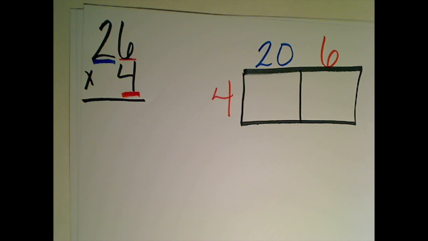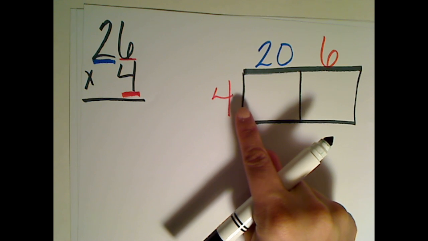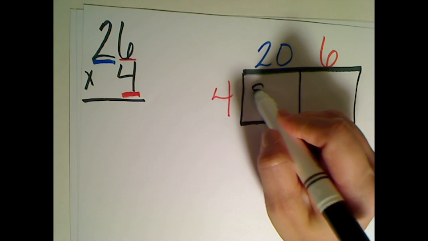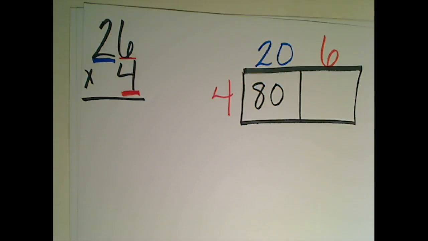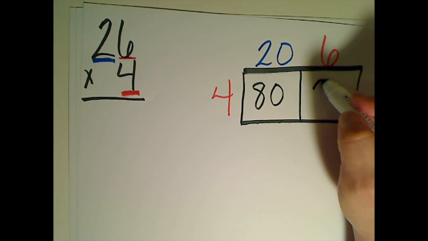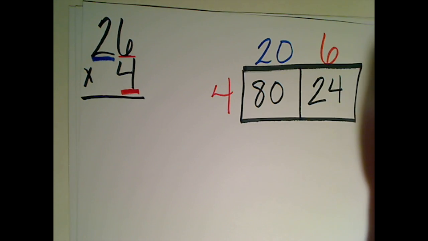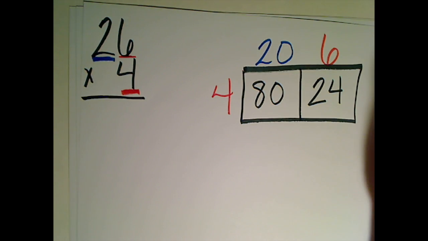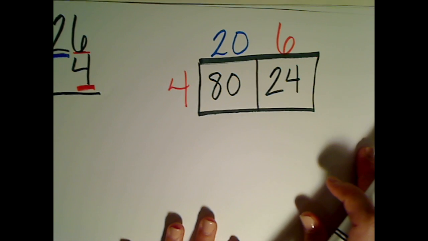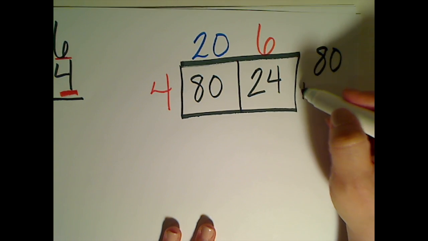Then you just multiply. 4 times 20 is what? 80. Good. And 4 times 6 is 24. Then you add these numbers together that are in the box method, hence the box method. So you say 80 plus 24.